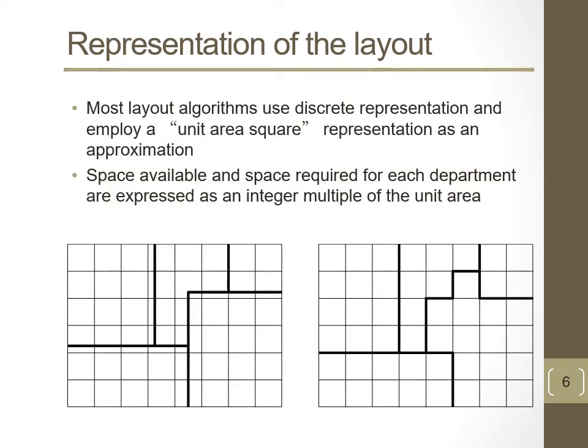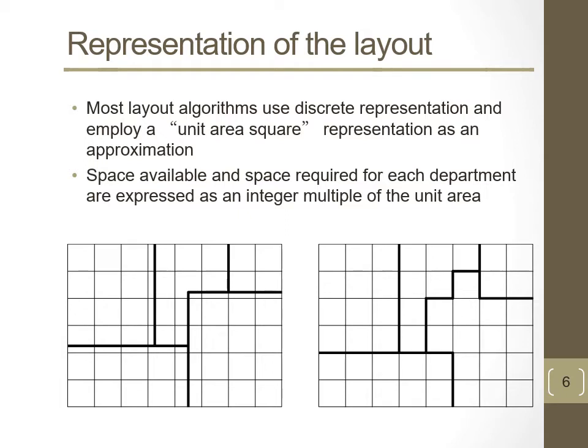In order to overcome this problem of representing layouts in computers, most layout algorithms use discrete representation. In this discrete representation, they use unit area squares. So this is the layout, and these solid lines show us the borders of the departments.